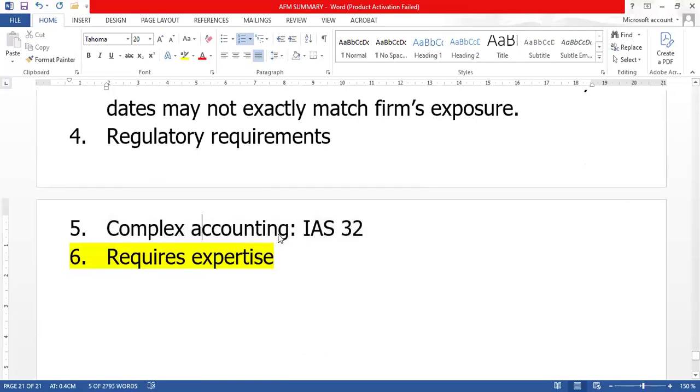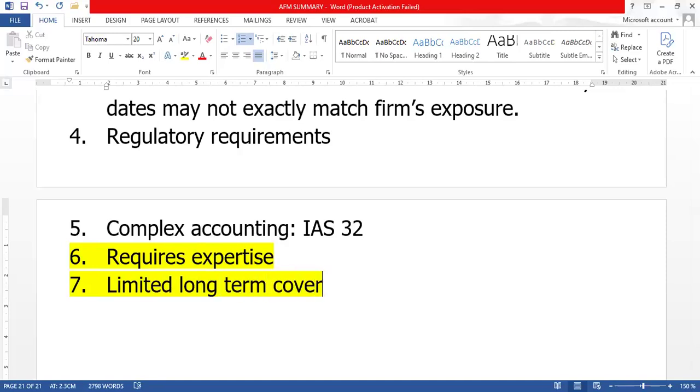If it is complex accounting, it means that you need the expertise to handle it. Among others, as you may search, I wanted to give you a highlight. Maybe another point is the limited long-term coverage, because what is in the market covers almost 1 year.